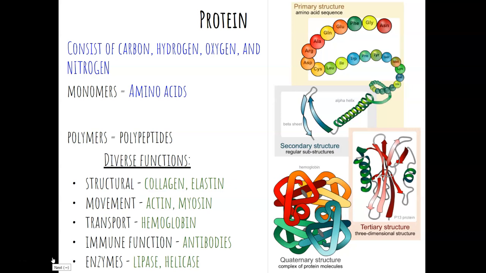The secondary, tertiary, and quaternary structure determine the three-dimensional shape and thus the function of the protein. So if you change the primary structure by changing the sequence of amino acids, you could potentially change the quaternary structure or the ultimate function of the protein.